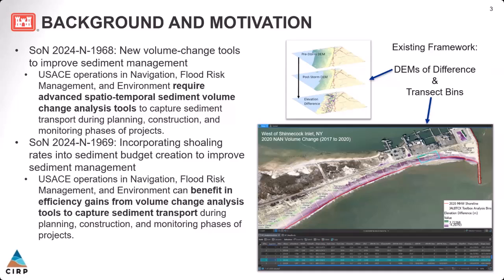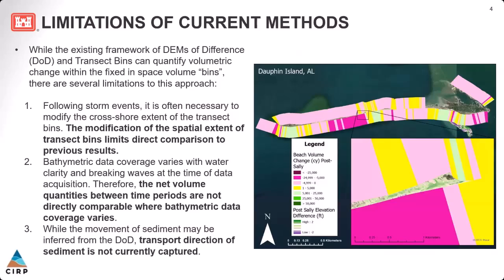And so we see that the main limitations of this methodology are really truly around the transect bins that are fixed. So modification of those transect bins might be required in certain cases to capture overwash deposits or other phenomena associated with barrier island rollover, or to exclude storm debris piles.